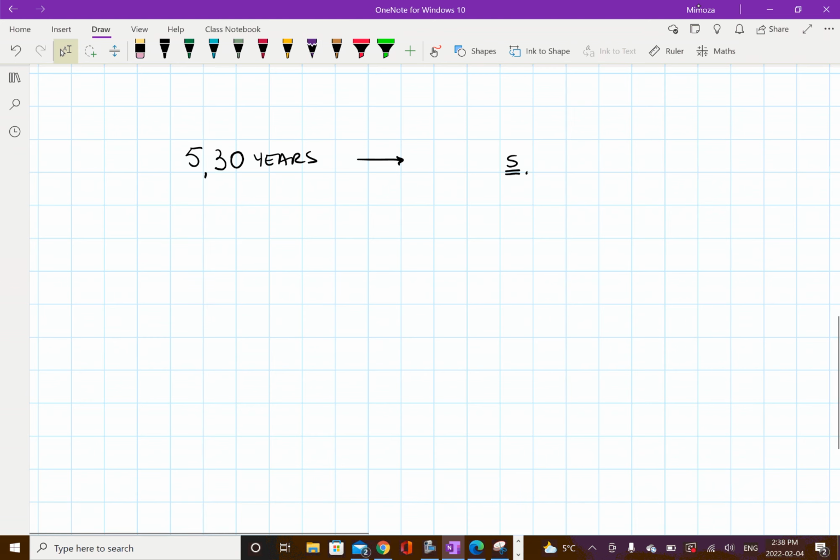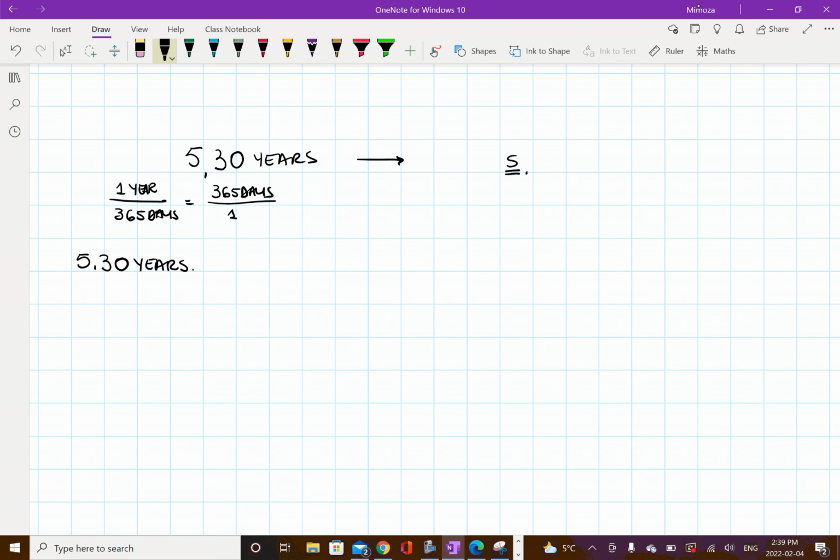So we'll start with what is given. Always start with what is given. 5.30 years. The ratio for years is, in 1 year you have 365 days. Or if you have 365 days, then you have 1 year.